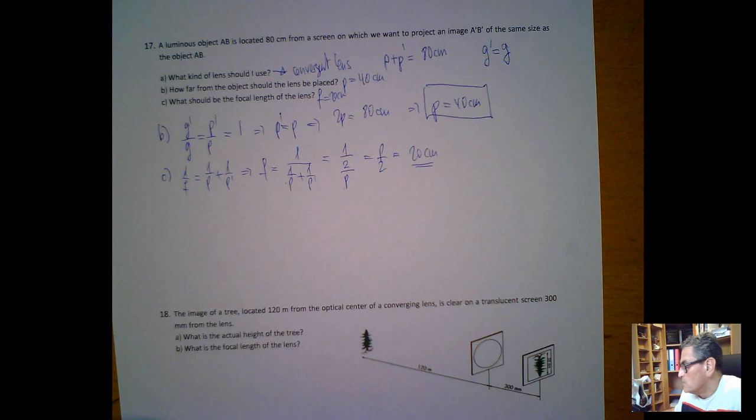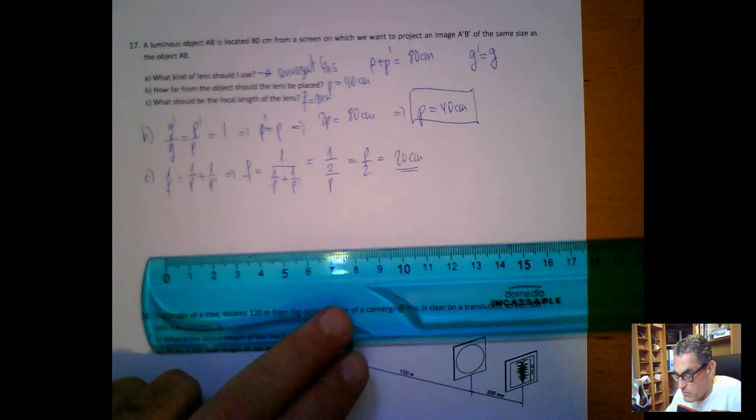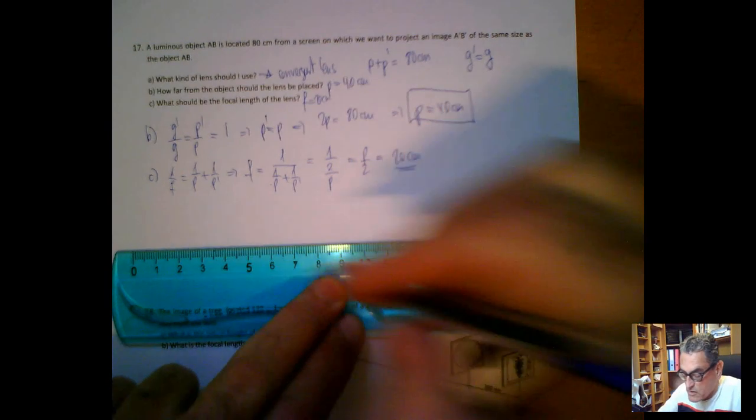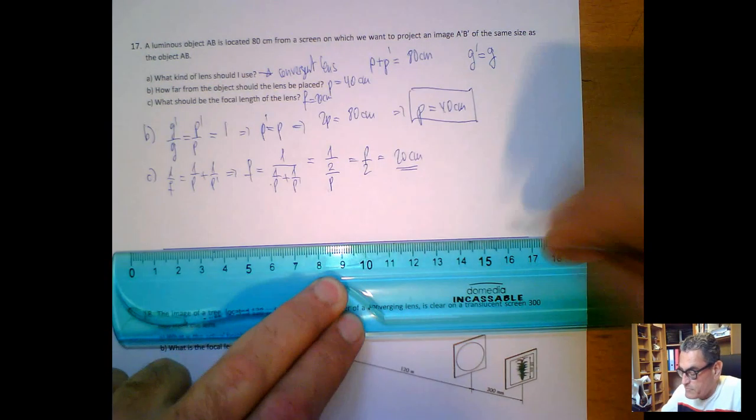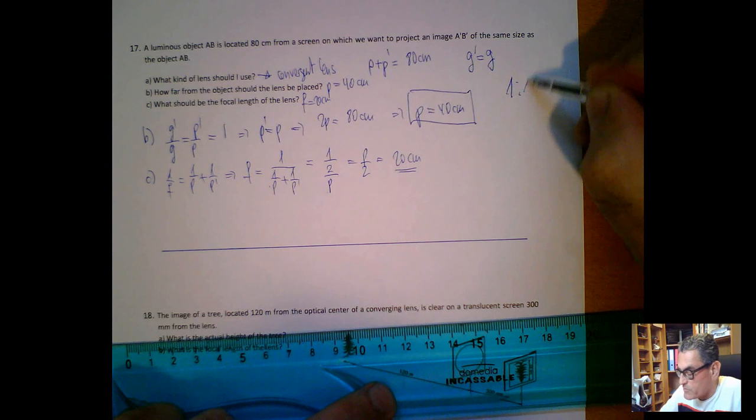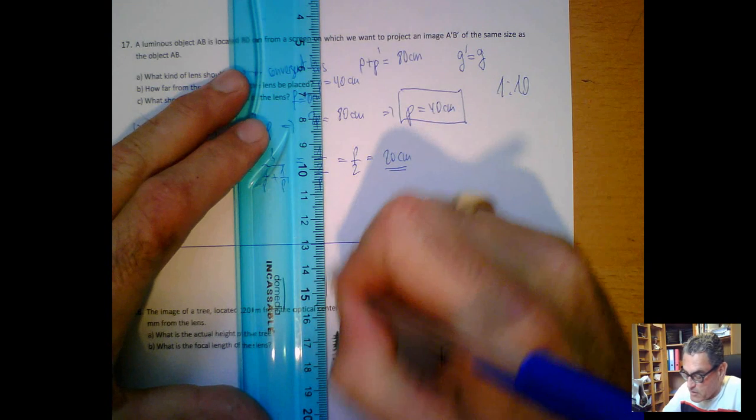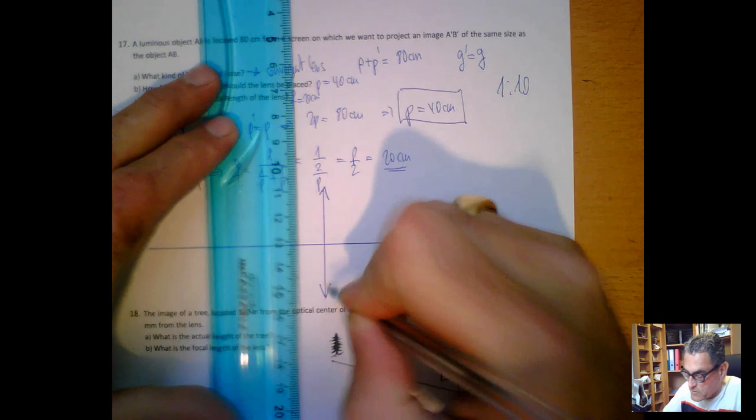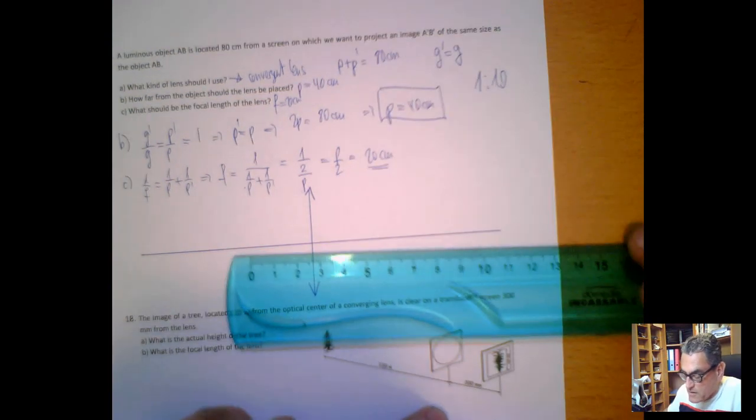Okay? Now if you do your drawing, let's do it at a scale of 1 over 10. So we put the lens somewhere here in the middle. It's a convergent lens.